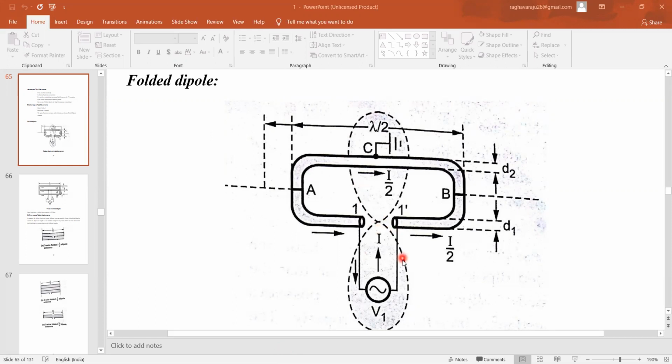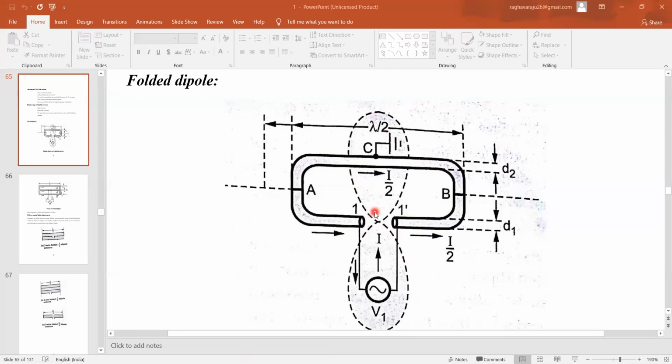This is the point along the radiation. So this is the radiation pattern obtained. This is the main lobe, and this is the main lobe area.